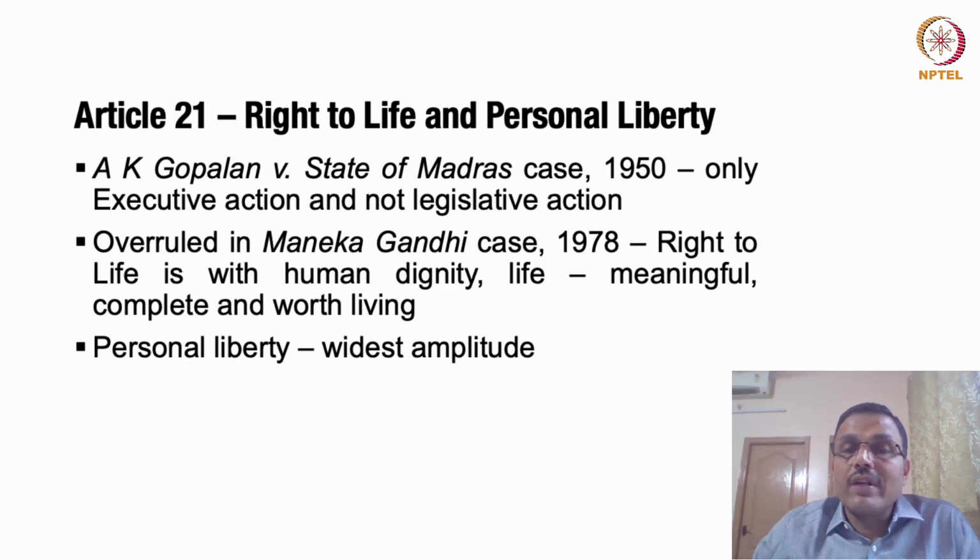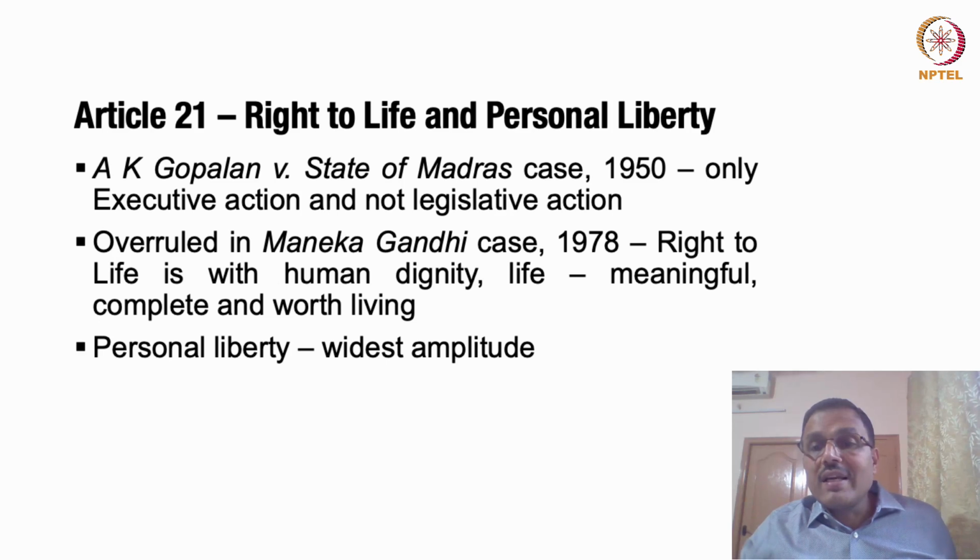This was a kind of a limited interpretation, which meant that if your right to life is curtailed by legislative action, which is by a law, then you cannot approach the courts and you cannot claim that there is an infringement of Article 21. Which means in A.K. Gopalan, the Supreme Court gave the legislature and the law that is made by the legislature the right to decide the elements of life and liberty and when such elements of life and liberty can be curtailed.